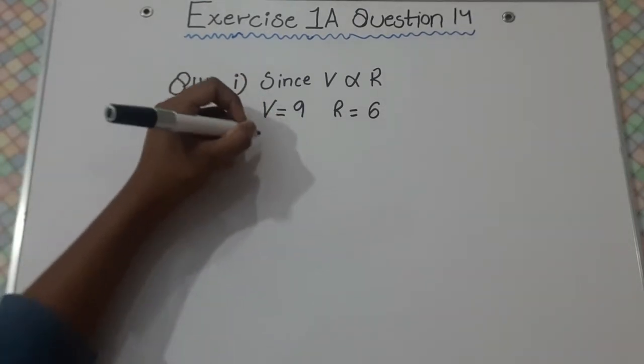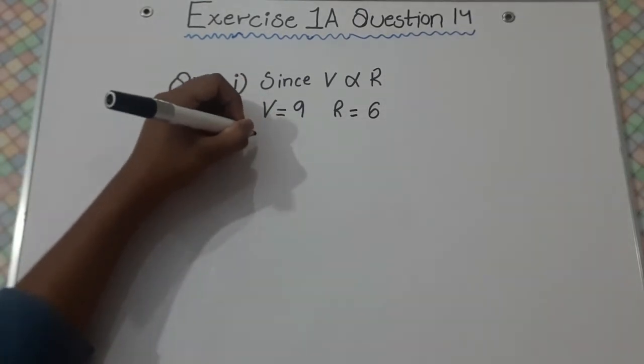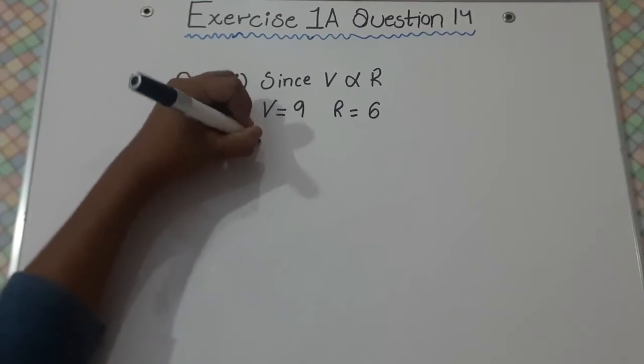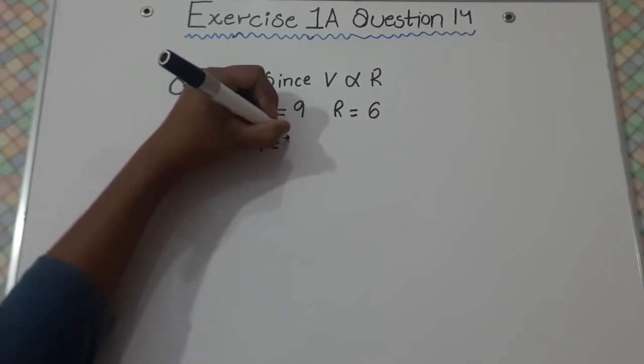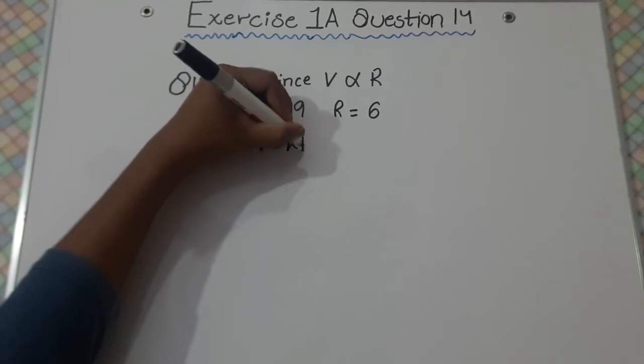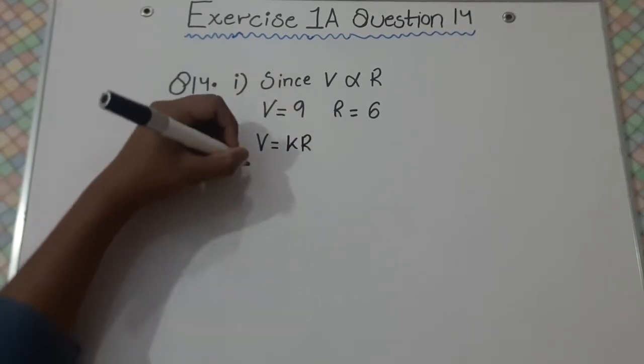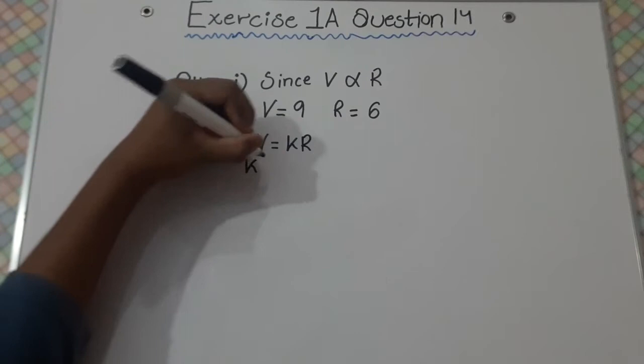So to find the equation, we are having an equation that is V equals K R. So K is constant.